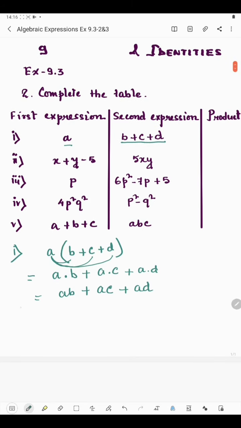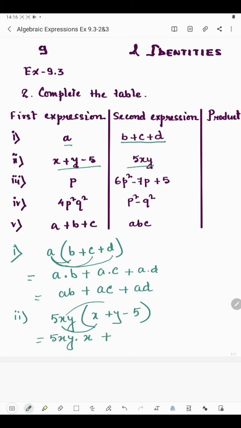In the second part we have 5xy, and 5xy should be written outside of the bracket, since here we have three terms which is the trinomial, so the trinomial should be written within the bracket. Okay, now the monomial should be multiplied by the first term of the trinomial, so 5xy multiplied by x, plus 5xy should be multiplied by the second term of the trinomial.